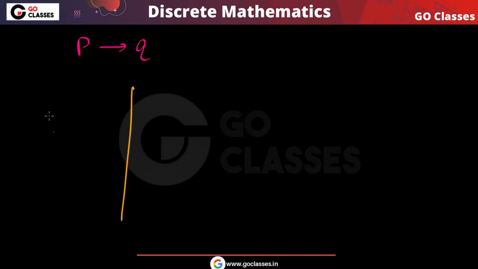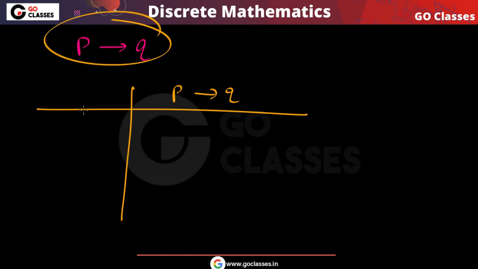The truth value of this propositional formula will depend on the truth value of P and Q, because these are propositional variables. But the truth value of P and Q does not depend on anyone else. They are atomic propositions, so by themselves they are true or false.